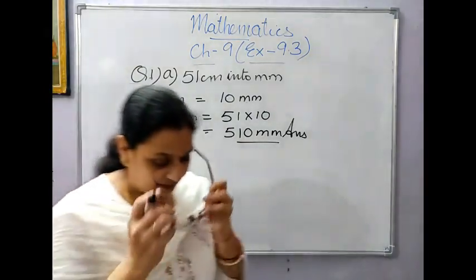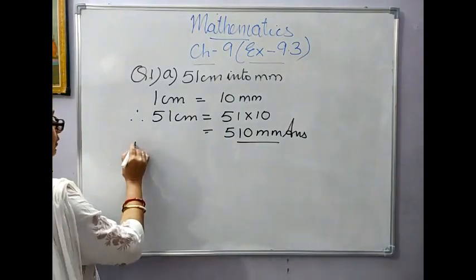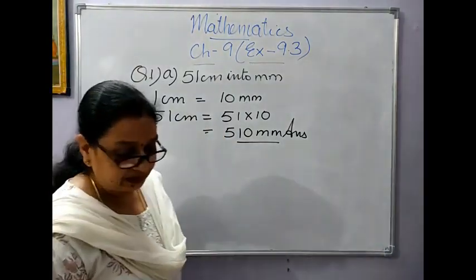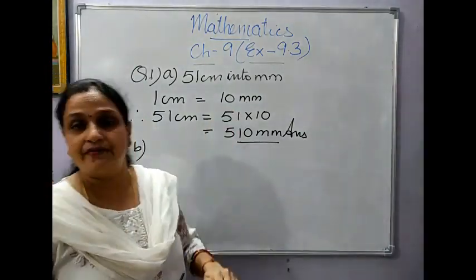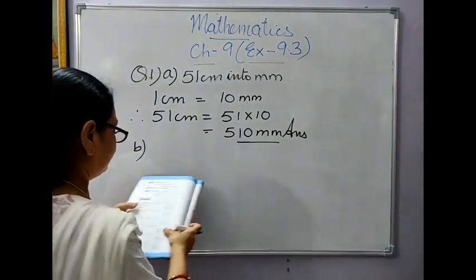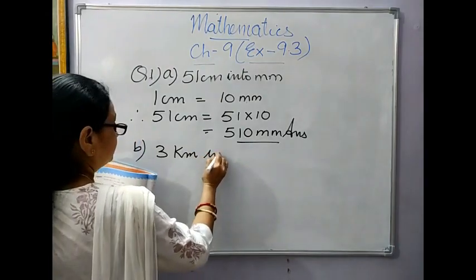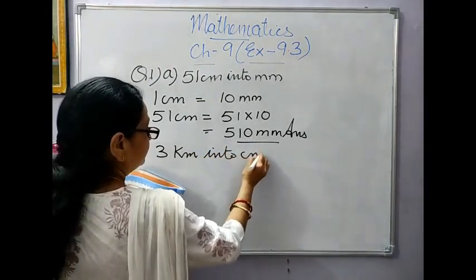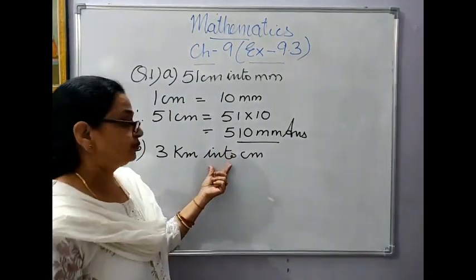Okay, then C, B1 also I will be showing because it is slightly different from the others. Whenever you do the sums, you have to draw the line after every sum. So the next is 3 kilometers into centimeter. Now you know that there is one unit in between, that is meter.